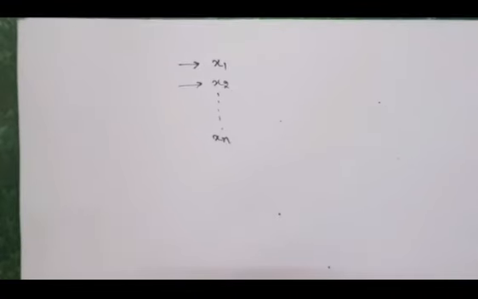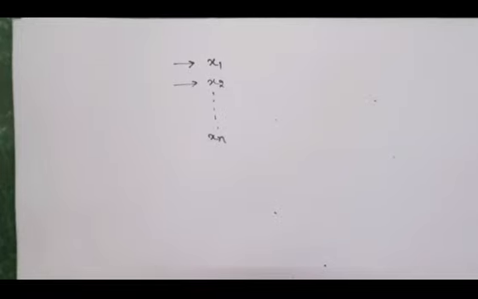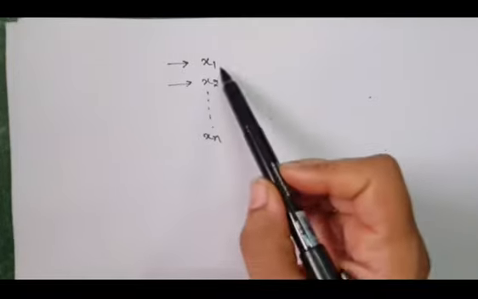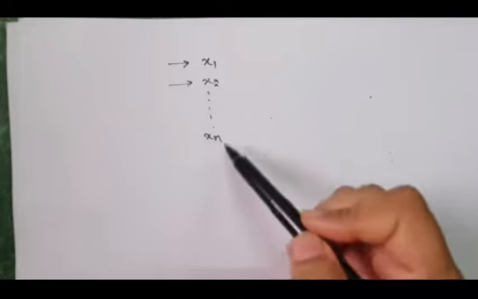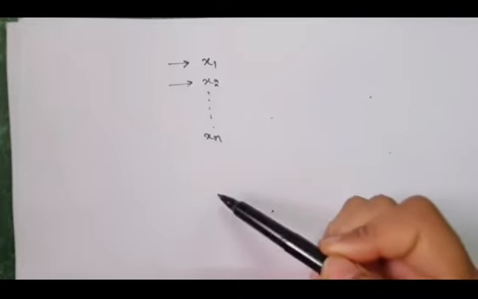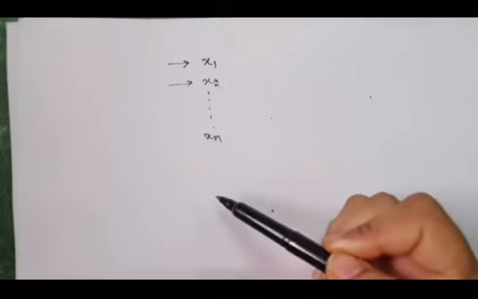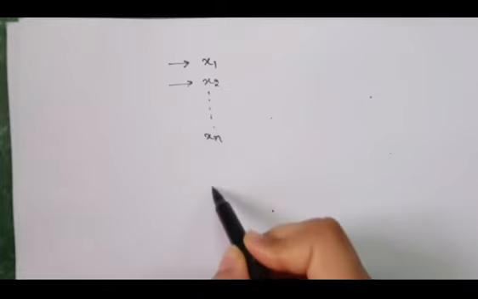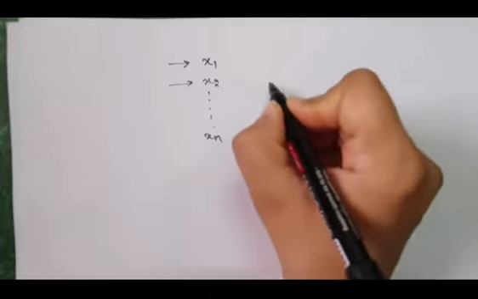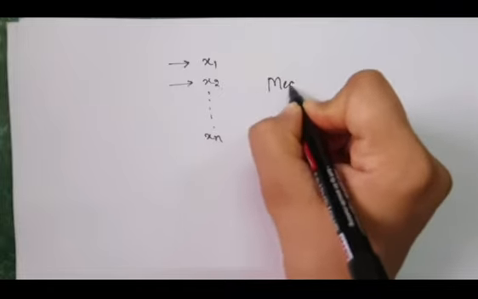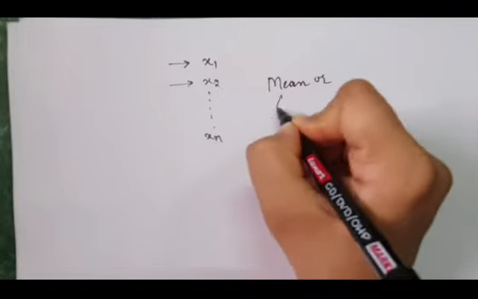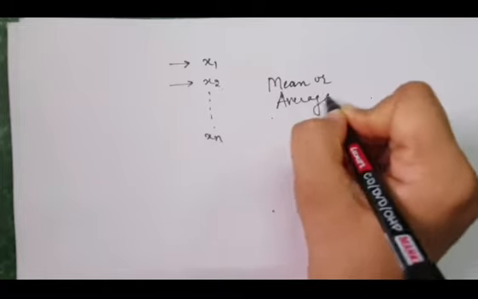Okay, so let's see how we will perform the experiments in the lab. When you take a certain reading, you will repeat the experiment a number of times and make a table of your readings. And then we will calculate its mean value, or the average value.